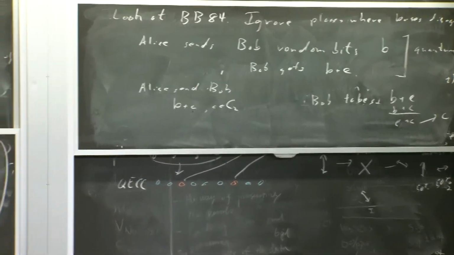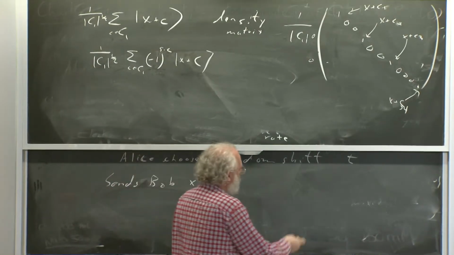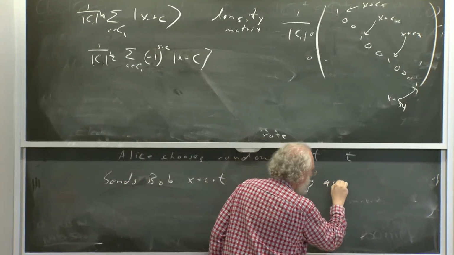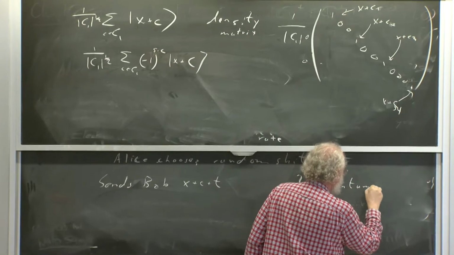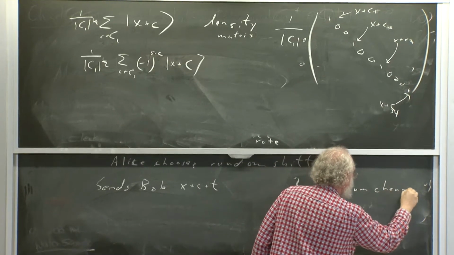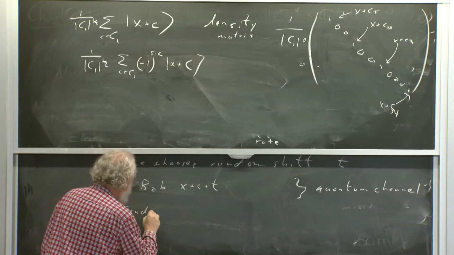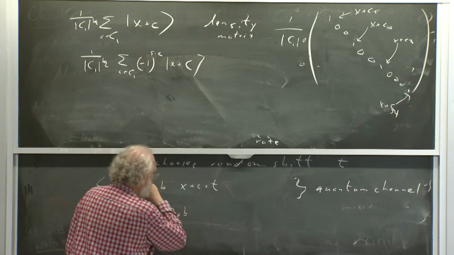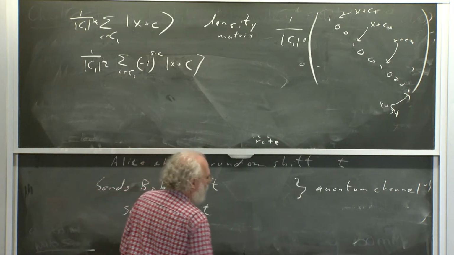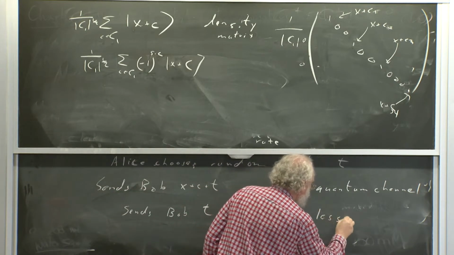So back over here, Alice sends Bob X plus K plus C on a quantum channel. She sends Bob T on a classical channel.